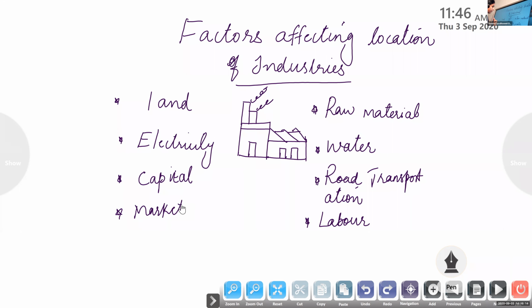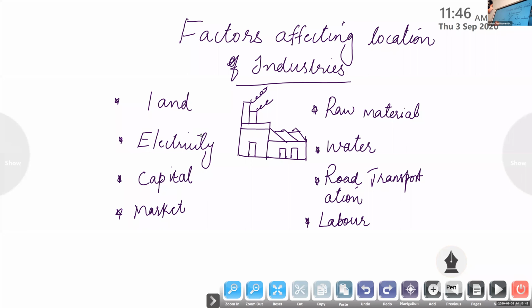Road transportation is important to bring raw material to the factories and transport goods from factories to the market. Then labor, right? Availability of labor is very important. Then suitable land for the construction of industry. Electricity, power is important. A capital investment, a huge amount of money, is required for setting up an industry.